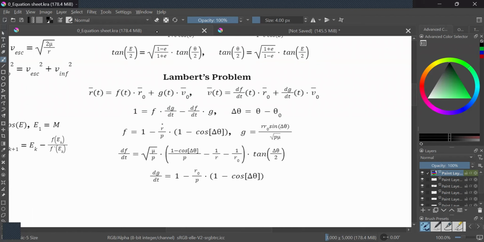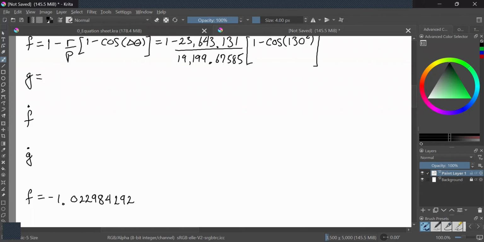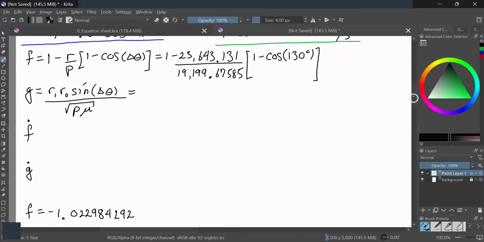Now let's get our G value. It's going to be this guy. I'll copy it over really quick. G is equal to R1, R0 sine of delta theta over the square root of P times mu. And that will look like the following.